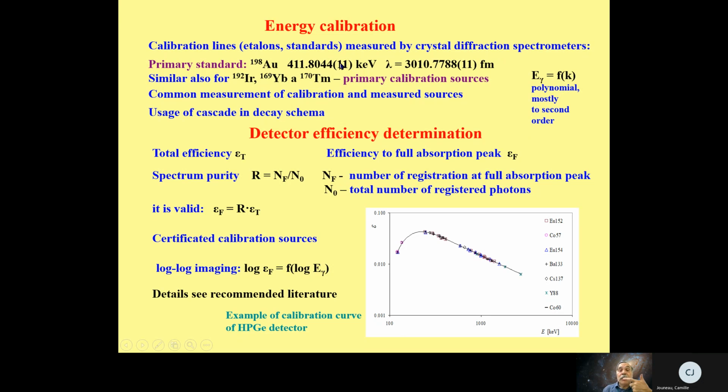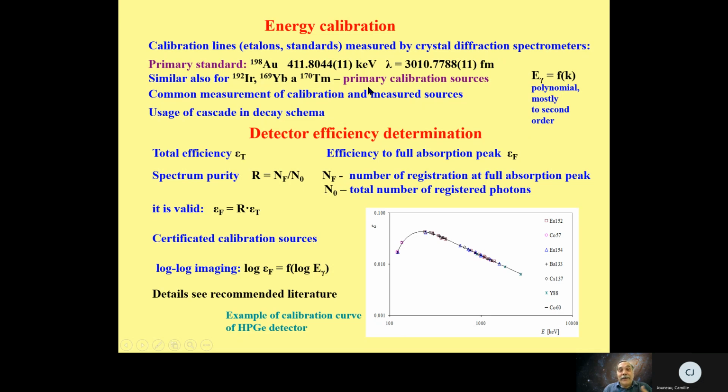In reality, it's possible to obtain a relative accuracy even better than in this case. That means it is approximately 1 electron volt, but it's possible to obtain even better. But this absolute calibration against other ranges of electromagnetic waves is much more complicated. Okay, this is the primary standard.